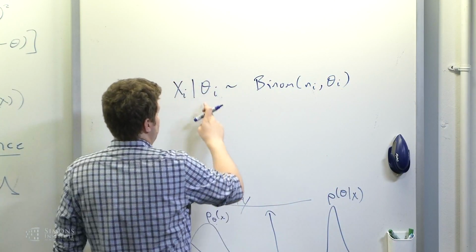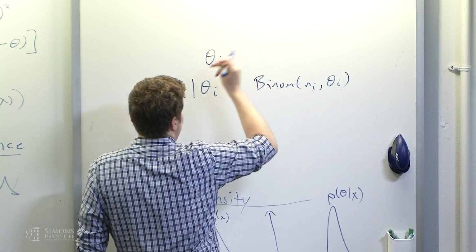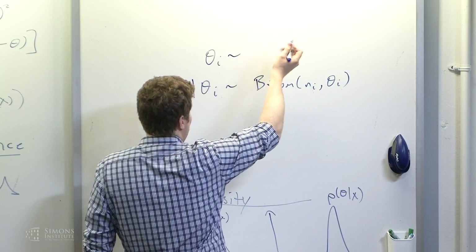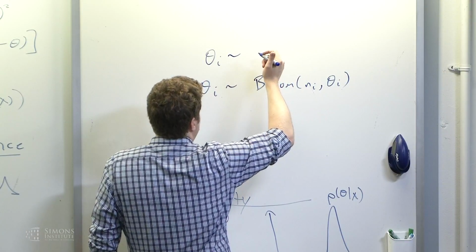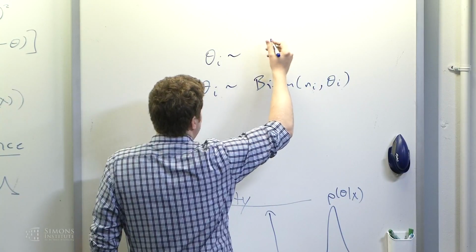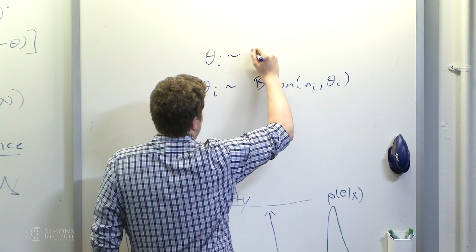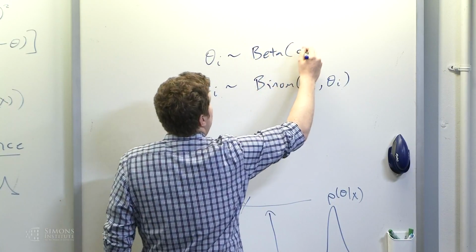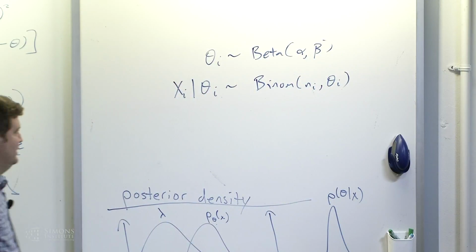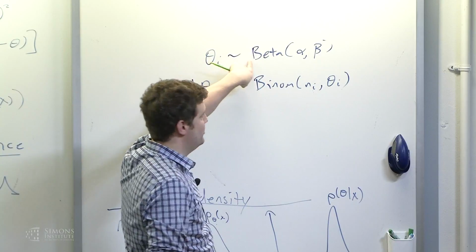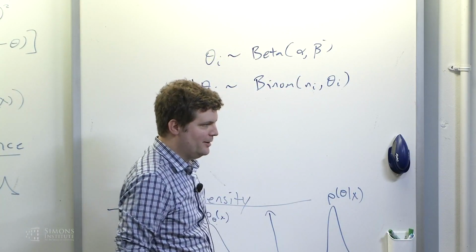But the i-th baseball player's true batting average is also coming from some distribution, let's say, not normal, let's say beta(alpha, beta). This would be a regular Bayes setup where the problems would just separate out if we specified what alpha and beta are.